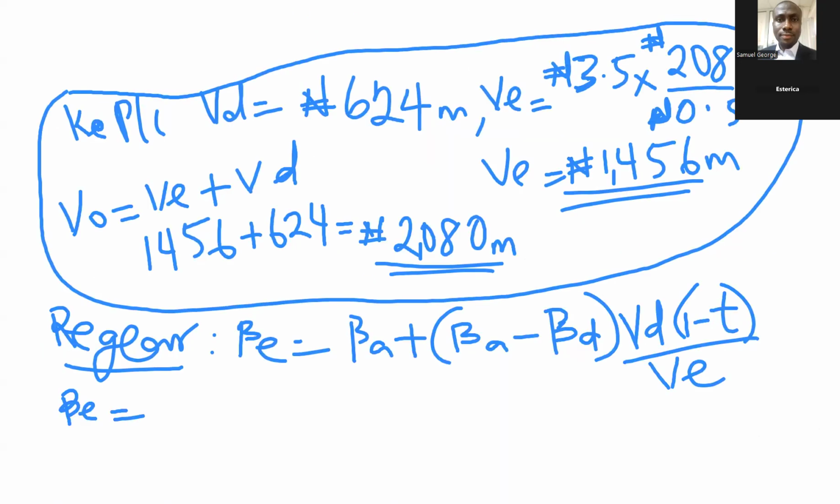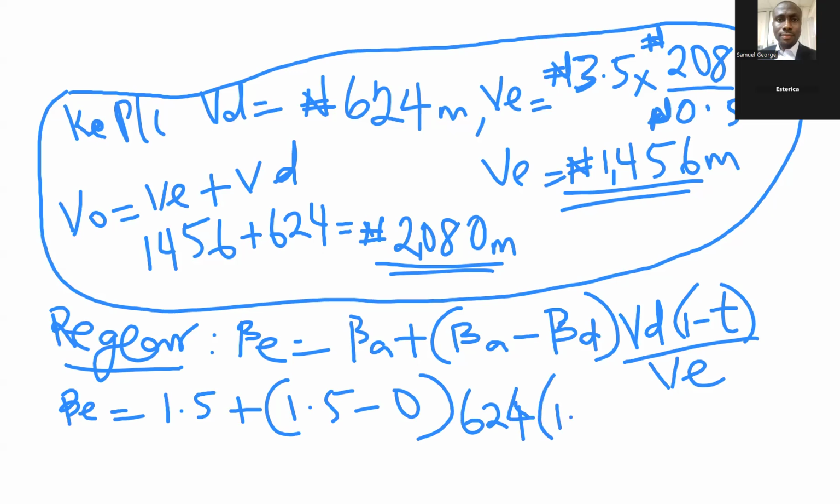So we say beta equity is equal to 1.5 plus, open a bracket, 1.5 minus 0. Beta debt is 0. Value of debt for the main company is 624, times 1 minus tax rate, that's 1 minus 0.2, divided by 1,456.